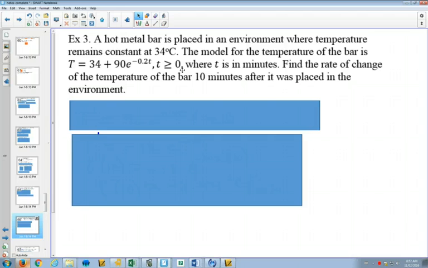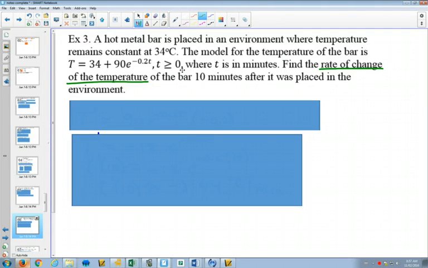So often in these rate of change problems, they give you the equation. So here again, we've got a temperature equation. Time is in minutes, and we can find the rate of change of the temperature. So here is the hint that's letting you know I should do the derivative.